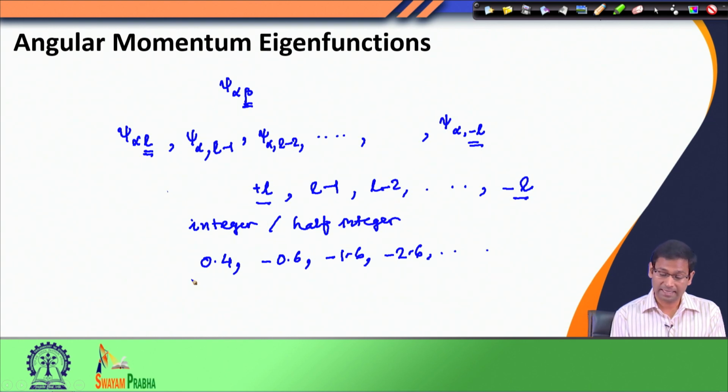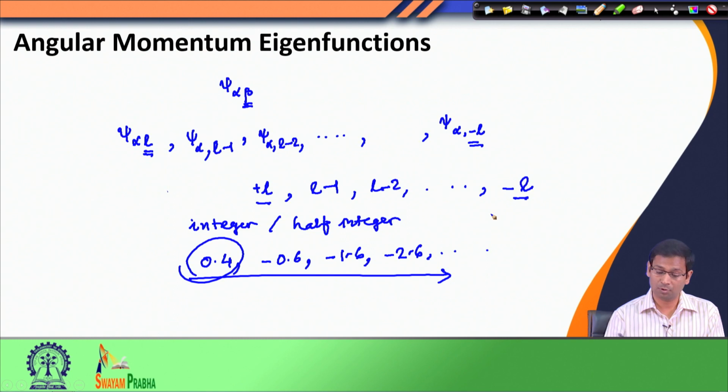In this series starting from plus L, minus L would have been minus 0.4. So, in this series starting from 0.4, I can never reach minus 0.4 when I go in steps of 1. So, 0.4 is not an acceptable value for L. What is an acceptable value? If it is an integer or a half integer, then it is all right.